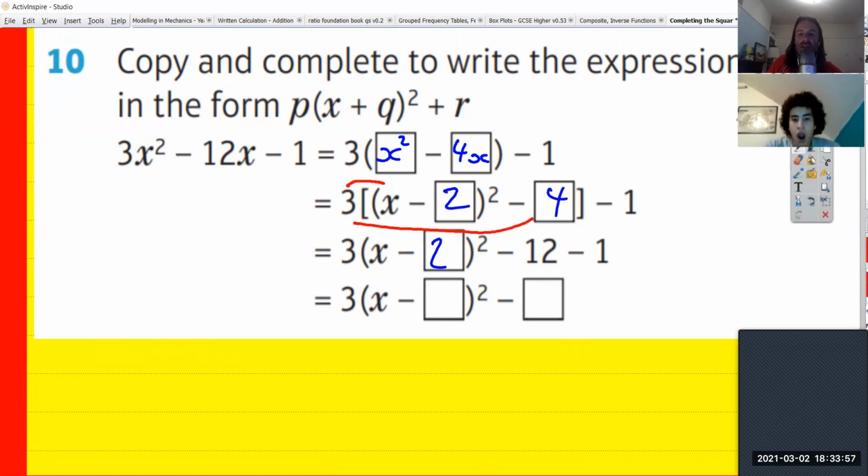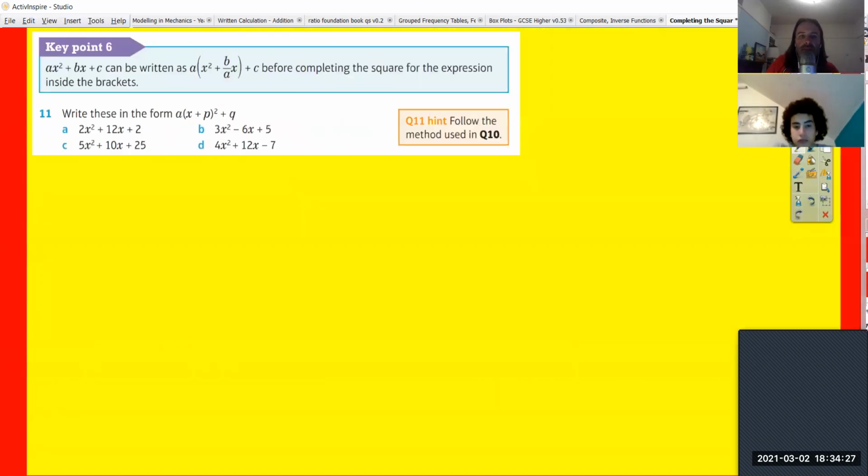And so final answer: 3x minus 2 squared, minus 11. It becomes more negative. I mean, minus 13. Yeah. Big picture is you factorize out a from the first two, and then everything else should be the same. It's just difficult because you've got brackets inside brackets.